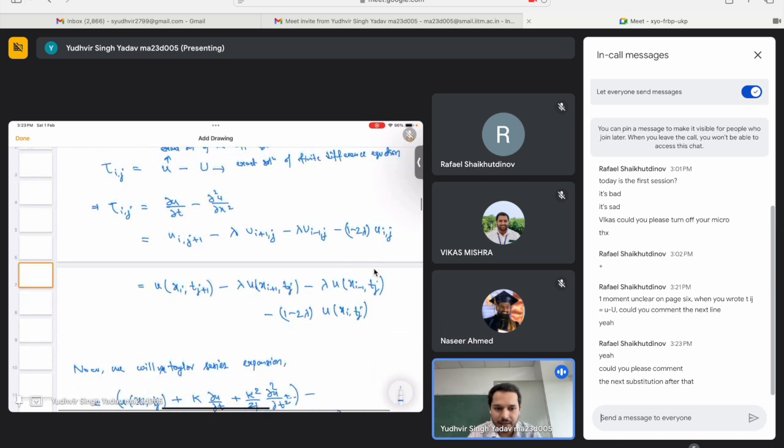So we simply take all the terms on the RHS and substitute with their finite difference scheme and expand using the Taylor series expansion.